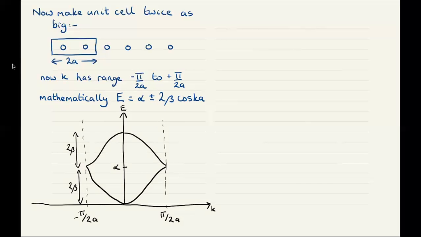And of course, the 2 band structures are identical, the band structure that we plotted when we had 1 atom per unit cell and this one, because the periodicity now is 2a, and so our wave function psi of k is identical to psi of k plus n pi over a for the doubled unit cell case.